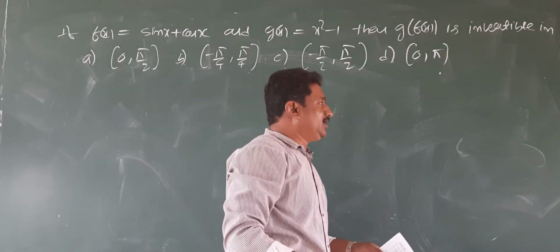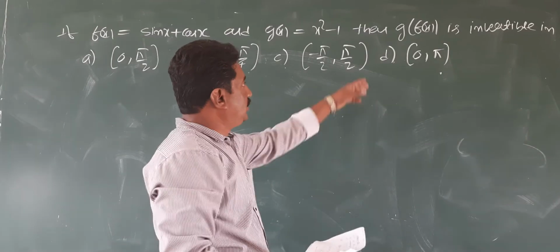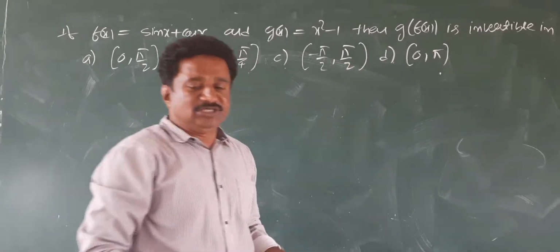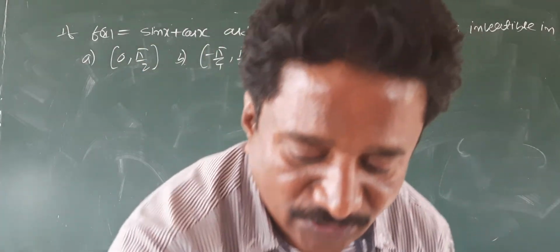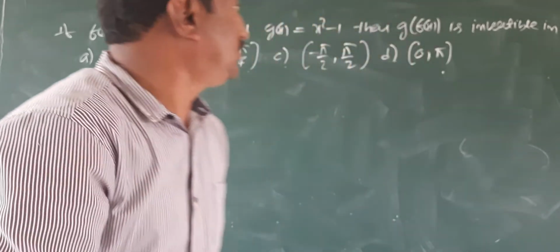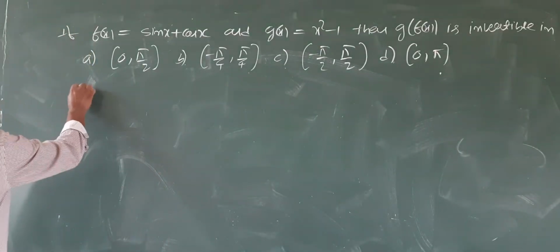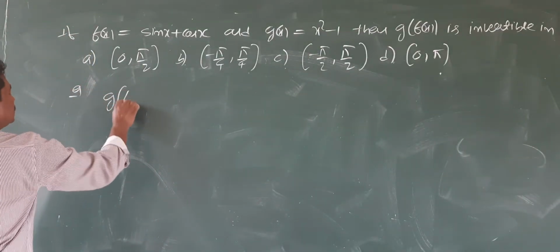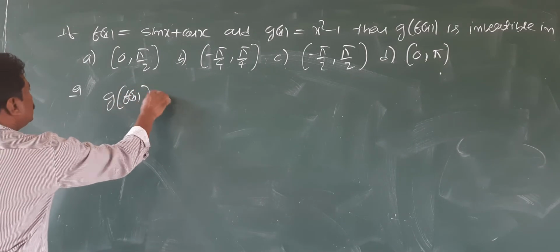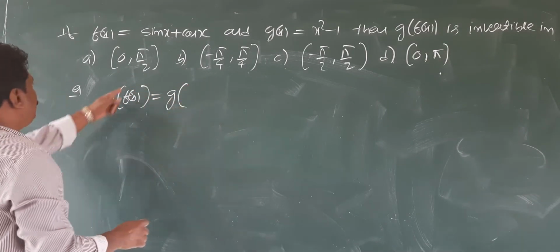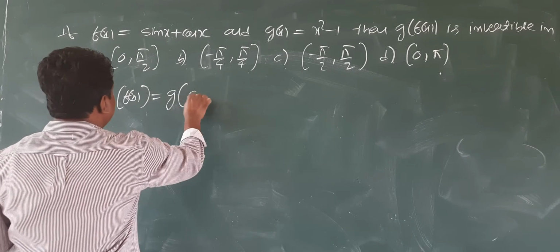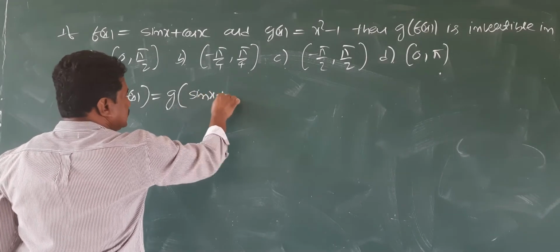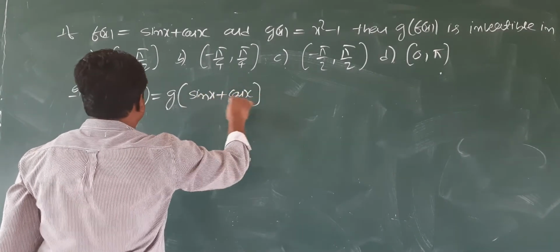First you find out g into fx. Solution: g into fx is equal to g of sin x plus cos x.